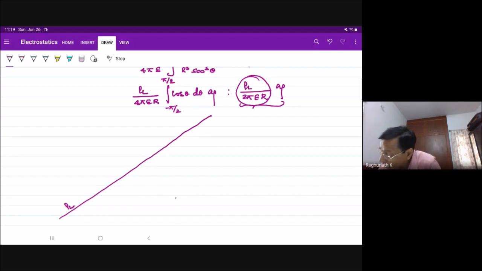If I want to determine the field at a point, what do I have to do? I should drop a perpendicular onto the line charge and get the coordinates of the foot of the perpendicular xp, yp, and zp.